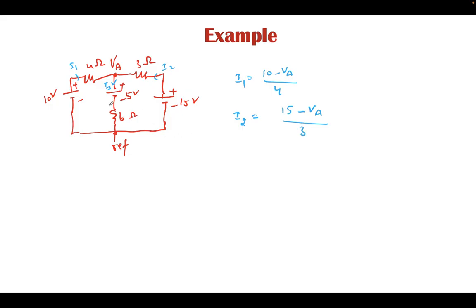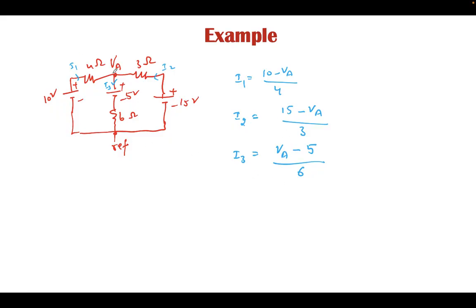Now, how to find the current in this branch? In this case, this potential is plus, this is minus, whereas this is VA. If the current is flowing in this direction, then we can consider I3 equals (VA minus 5) divided by 6, because the resistance of this path is 6 ohm.